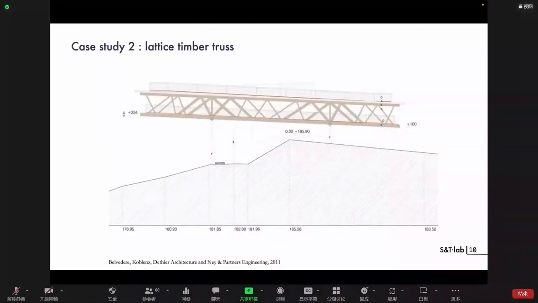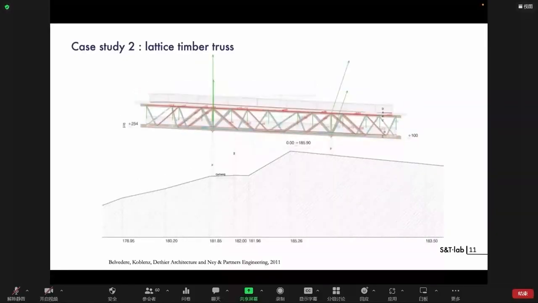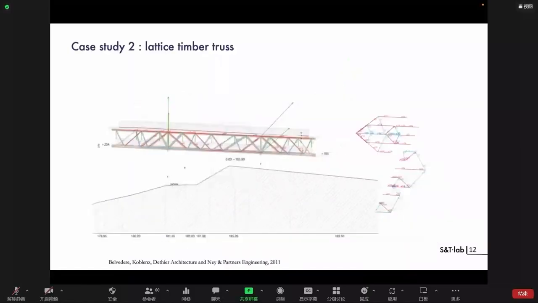Those lattice girders are made of 2 layers of diagonals. And those 2 layers of diagonals, just as Denis mentioned, made it possible to refine the sections and reduce the buckling length by holding them at the crossing, as you can see. And then we can process the analysis with VGS and have the form diagram and the force diagram.